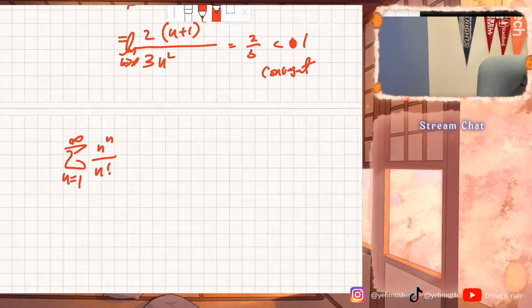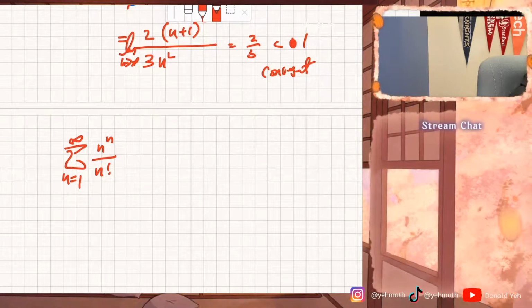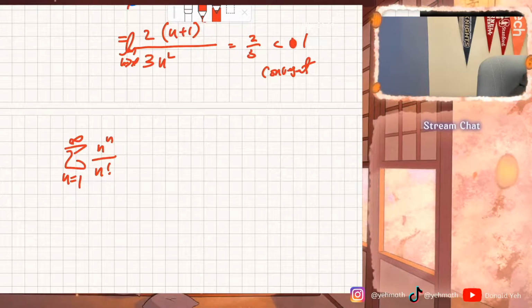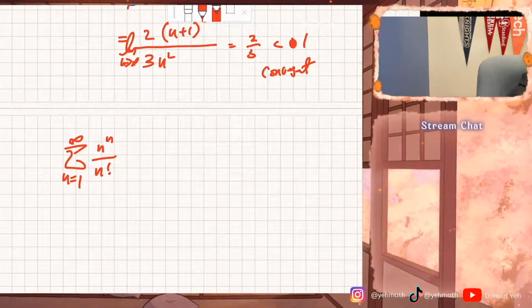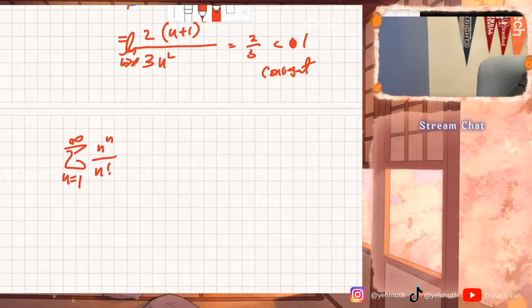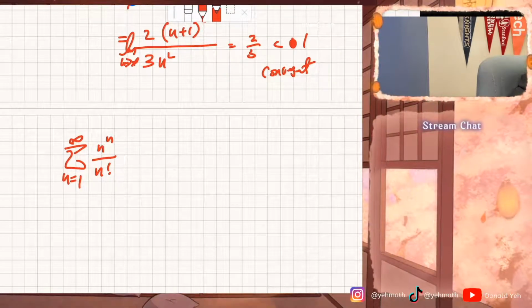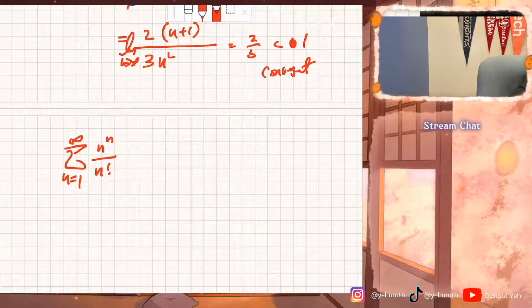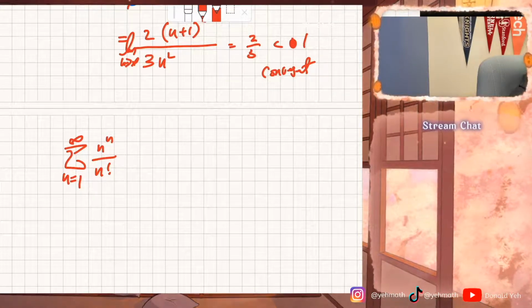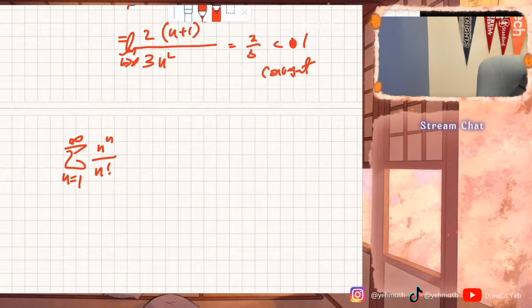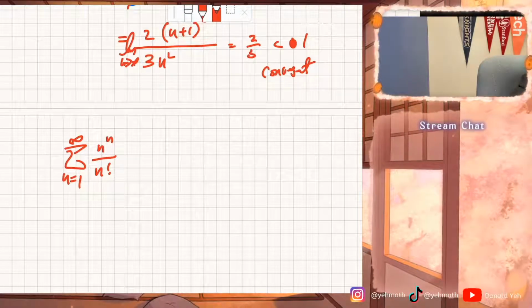We also told you that n to the n grows faster than n factorial. But we have to establish a proof when we want to talk to other people. Sometimes the ratio equals 1, and equal to 1 is just inconclusive. You have to do a different test to check, whether it's the integral test or other tests.